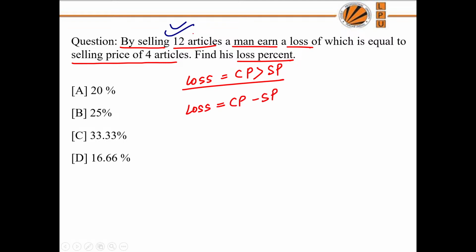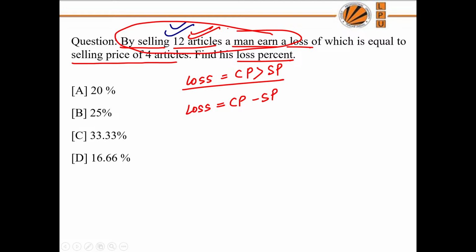Now it is given in the question that the man is selling 12 articles. So we have to assume that the man has purchased 12 articles, then only he can sell 12 articles. So this line tells you 2 things, that 12 articles were purchased and 12 were sold.